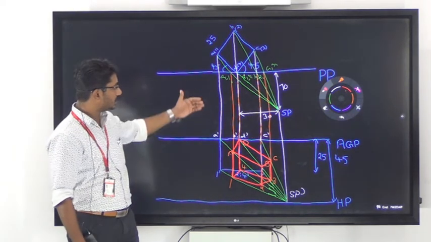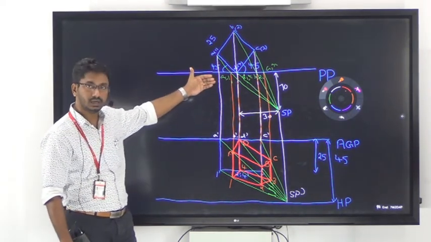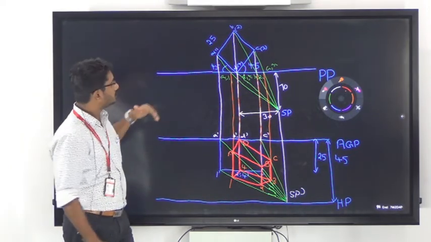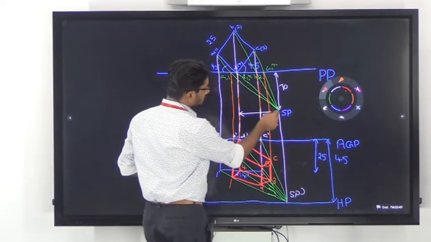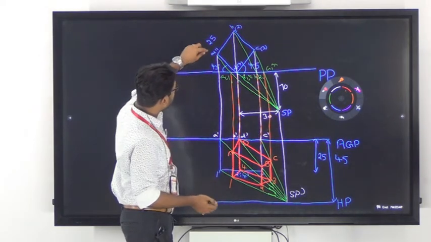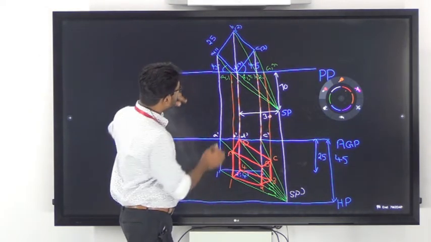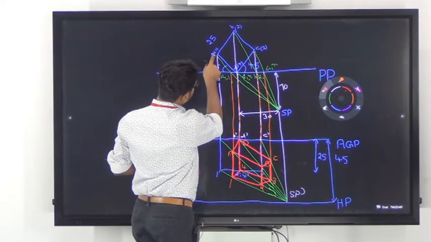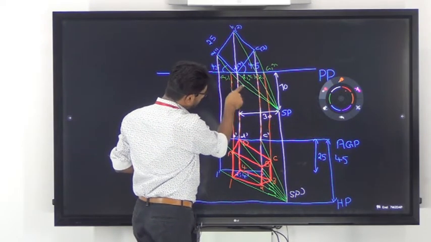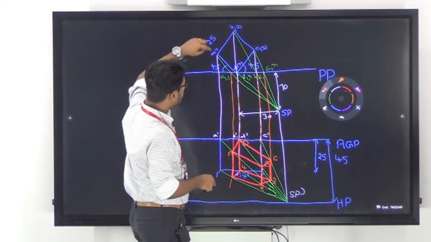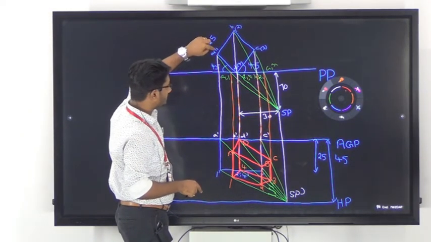Now you have to find the visible and invisible edges. For that, first you have to check the top view. So here is the line joining the station point with the points A and 1. This line is not touching any other points on the top view, so the points A and 1 will be visible.